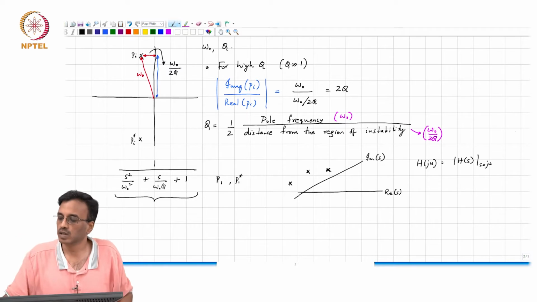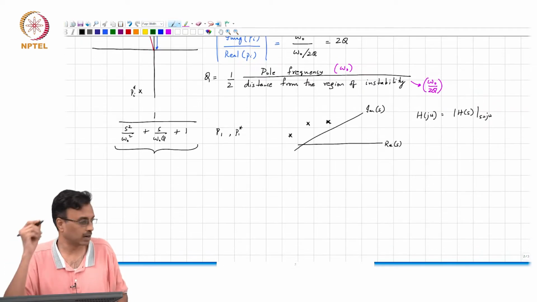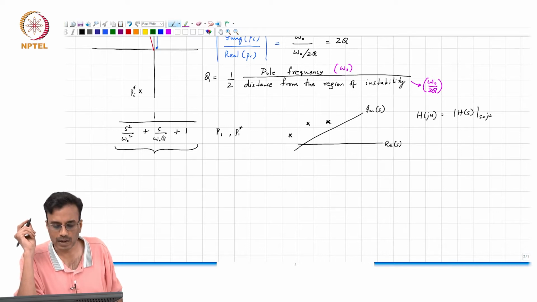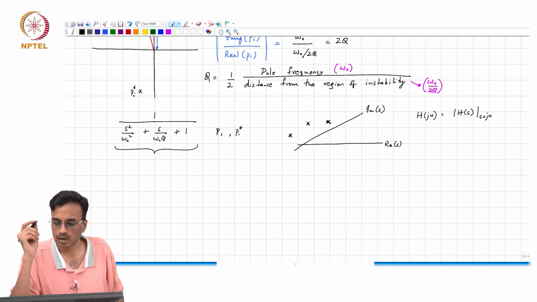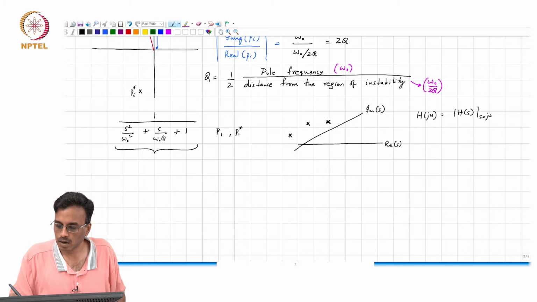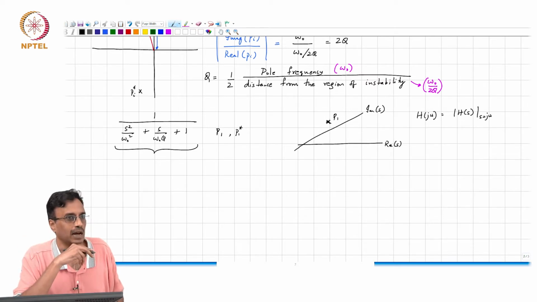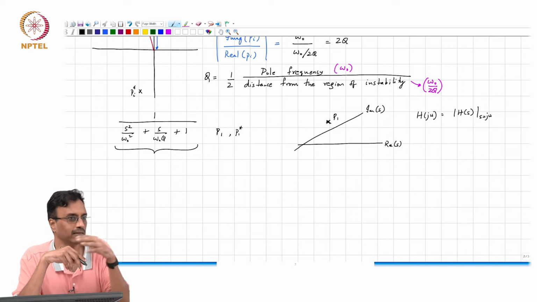Alright. So, these are simply things that you bear in mind. Let's consider that you had only this pole called P1. At what frequency do you think the gain will become very large as you keep going along the j omega axis?